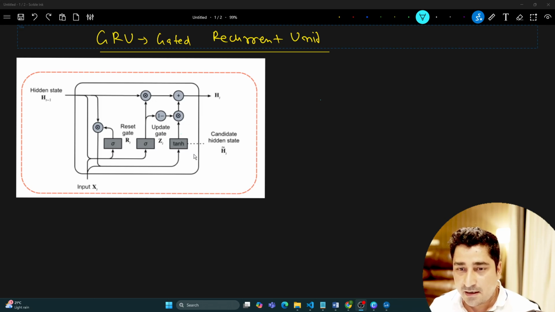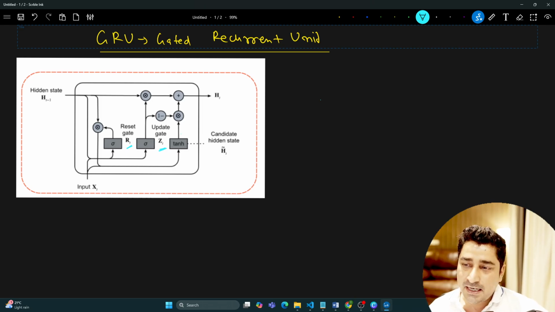And this is where the GRU, the gated recurrent unit, comes into the picture, as you can see. This is basically a diagram, the architecture of a gated recurrent unit. Now, how is this going to work? Here you will observe something called the update gate, and here something called the reset gate.